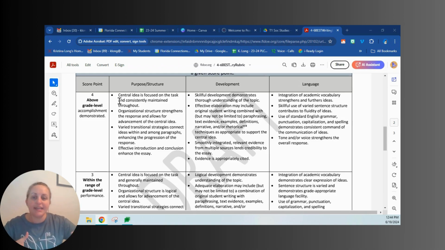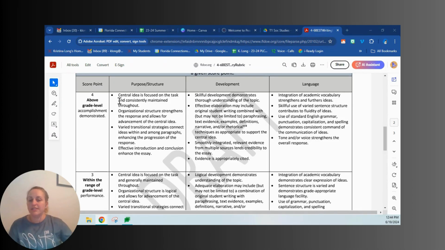You can add that in as elaboration, but it shouldn't be like 3 or 4 paragraphs of elaboration, if you know what I mean. It's 1 to 2 sentences like we've been talking about for elaboration. Your central idea is on how the space industry impacts the state of Florida.